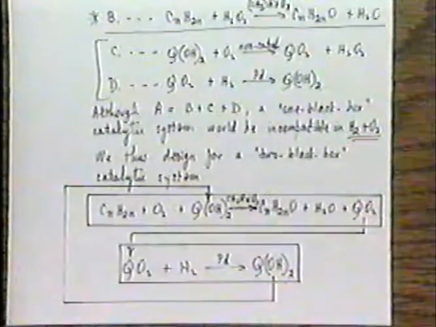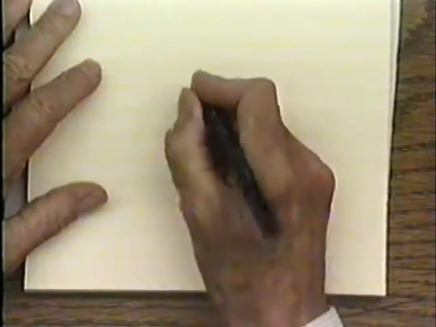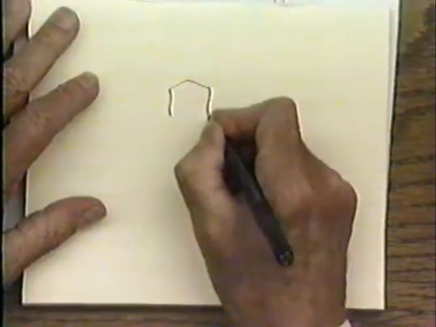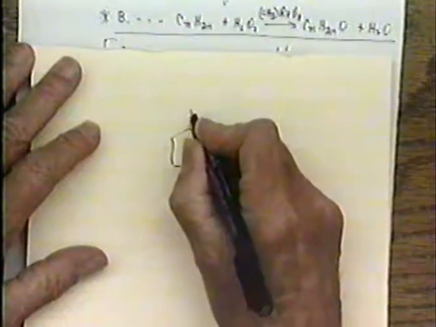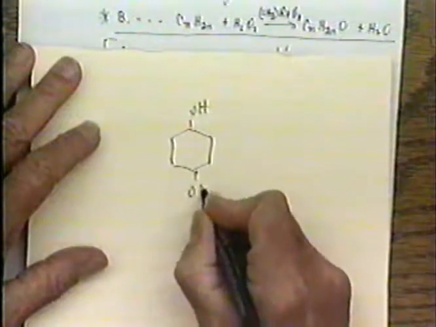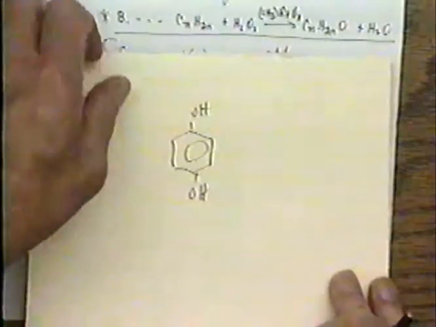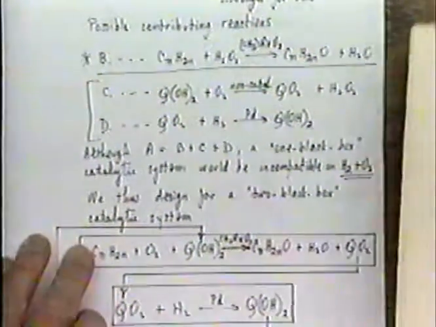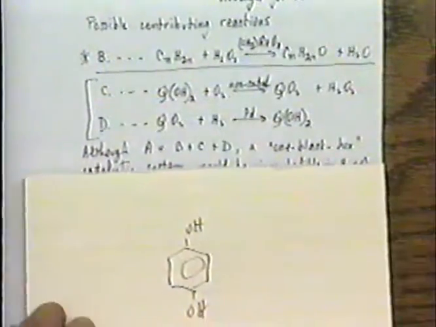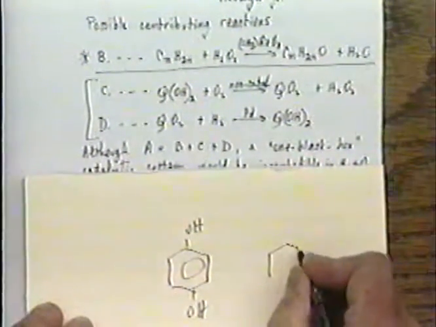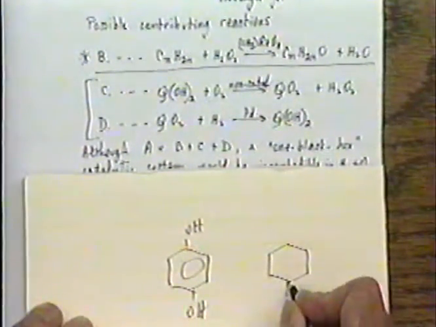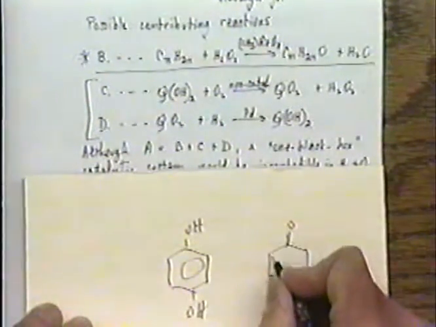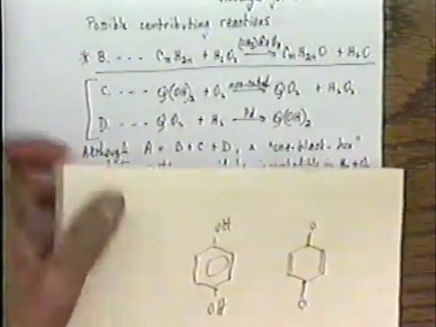You take hydroquinone. Remember, hydroquinone is this. You take hydroquinone and treat it with oxygen. It's a non-catalytic process. It reacts with oxygen to form quinone, which is this, and hydrogen peroxide.